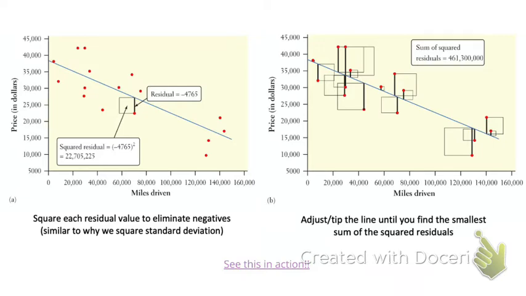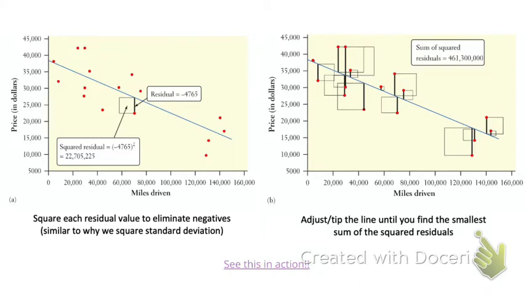Here's the distance of this residual, and I make it into a square. The area inside this square is the residual squared, because that's how I find the area of a square: side squared. So I have the area of this particular box, and then the fun begins.